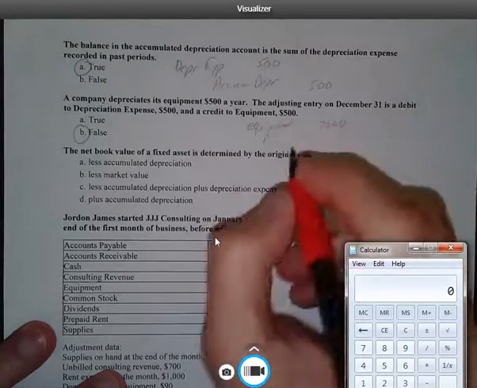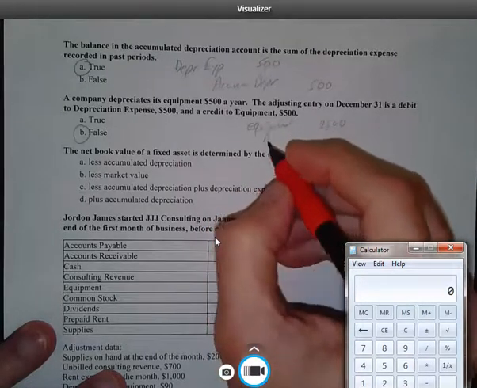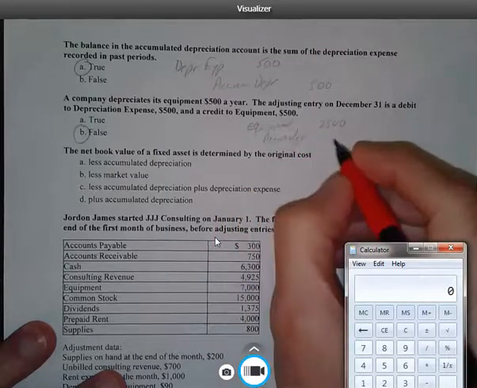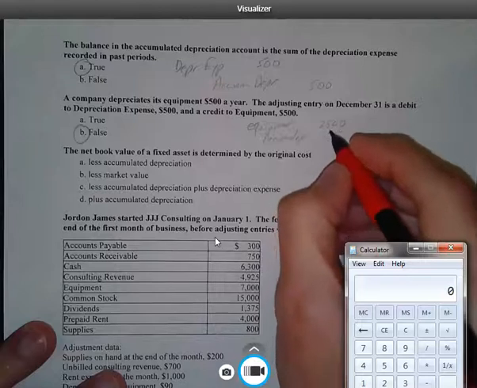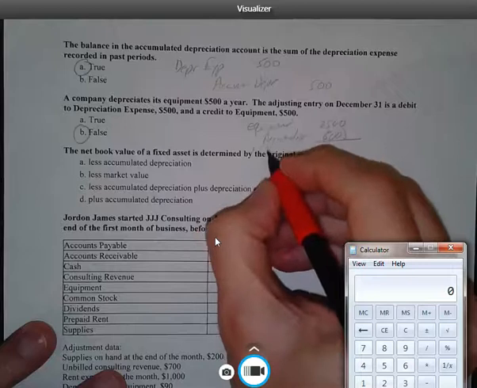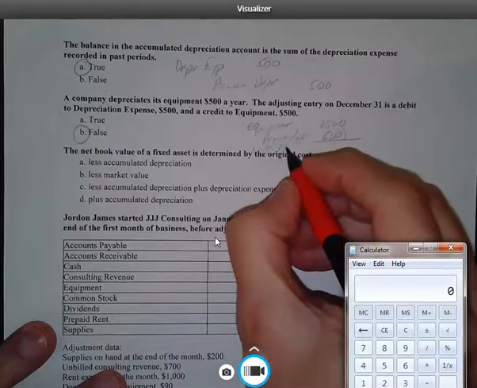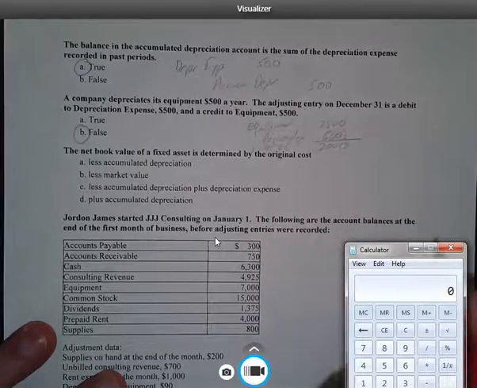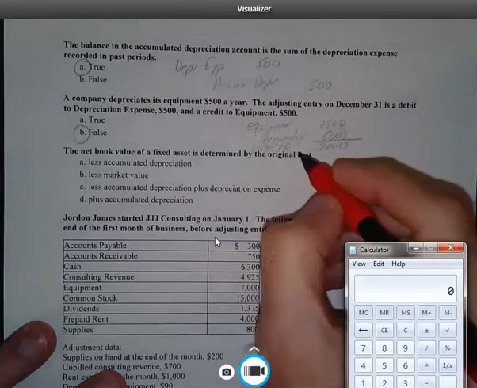Now, I want you to understand this is not a journal entry that we're making right now. And then our net equipment is going to be $2,000. Net equipment is what that says if you can read it.